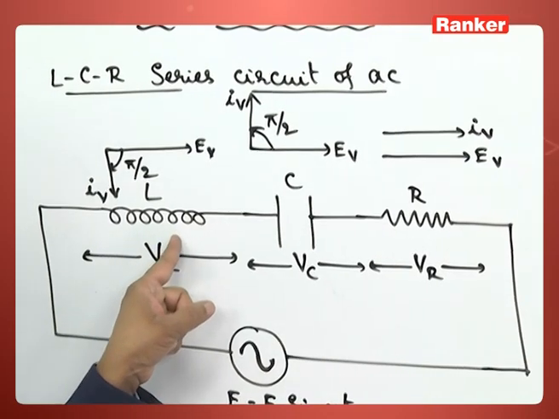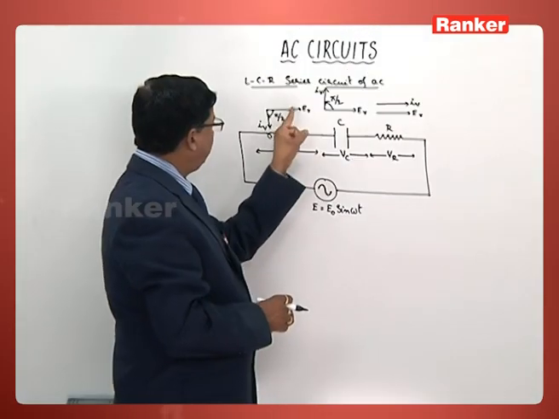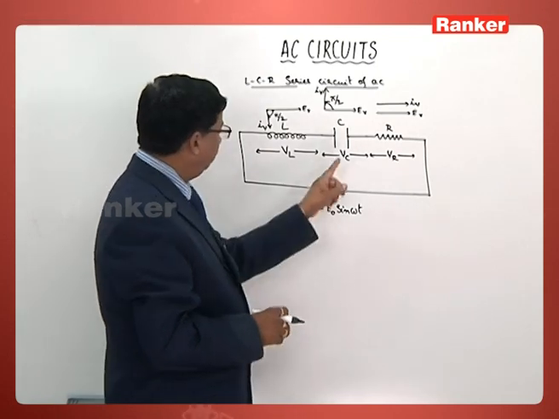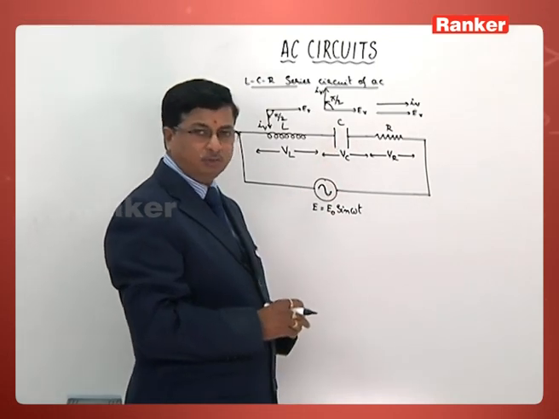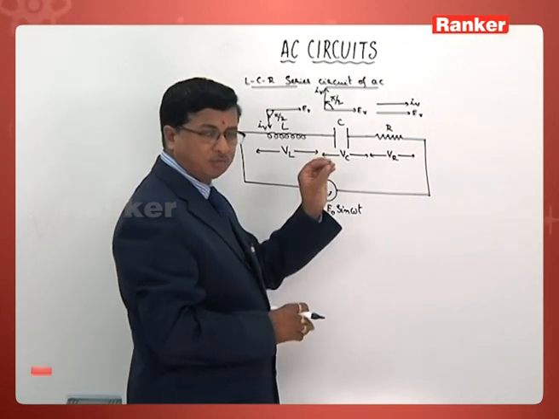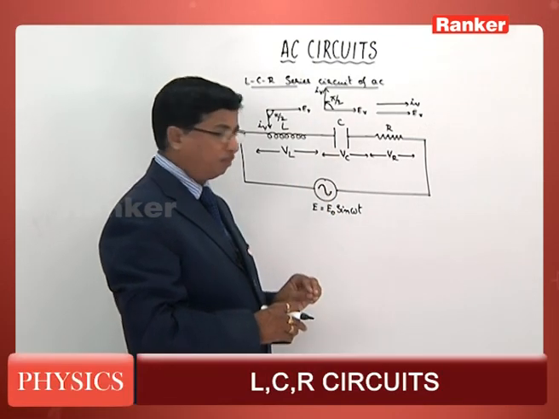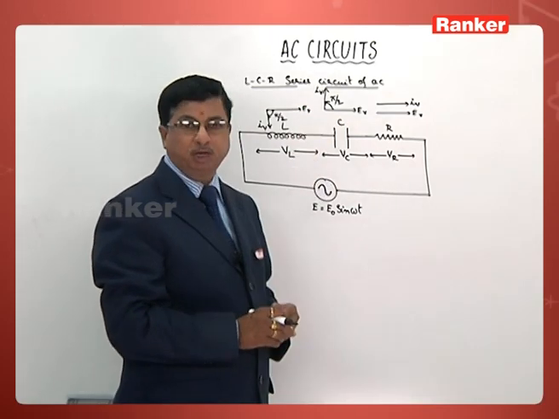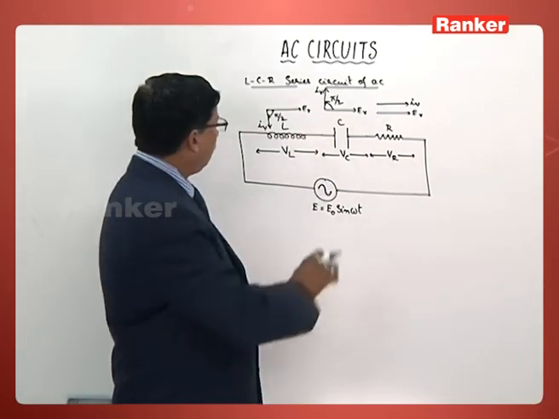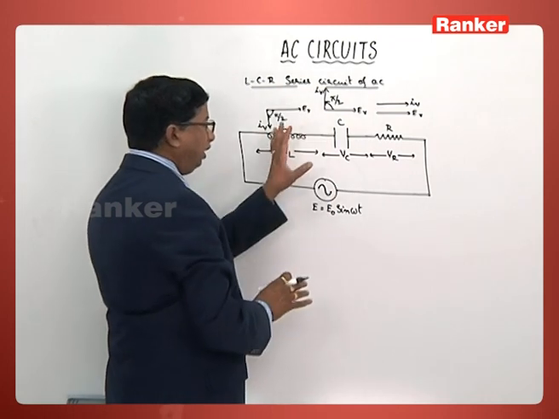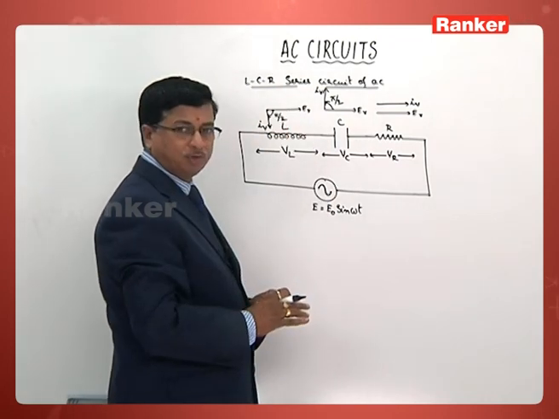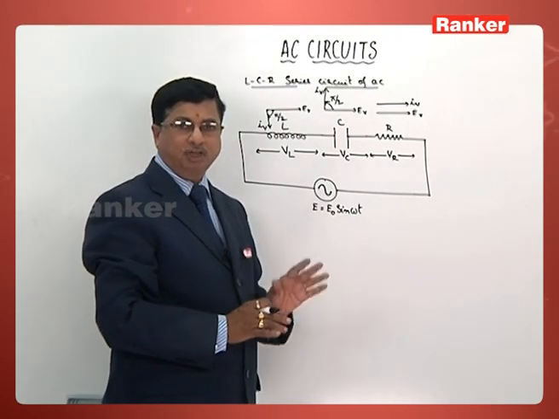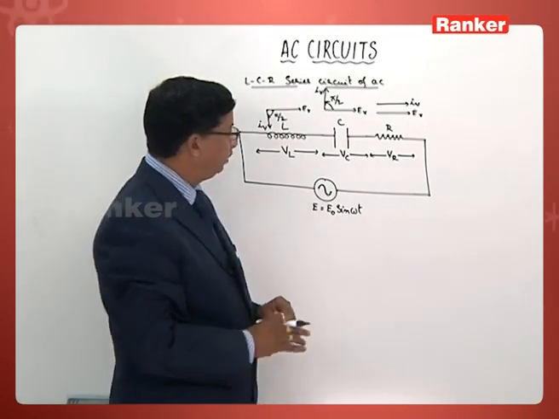In the case of inductance, IV is lagging behind EV by pi by 2 radian. In the case of capacitance circuit or exclusively capacitor, this current leads this EMF by pi by 2 radian. So all the three we have taken, and according to these versions, we have to plot a diagram, that is phasor diagram.